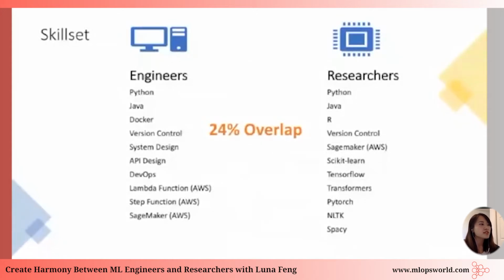Researchers are good at using Python, Java, R, version control, SageMaker in AWS, and machine learning libraries such as scikit-learn, NLTK, and spaCy, and machine learning frameworks such as TensorFlow, Transformers, and PyTorch. As you can see, the skill set overlap between those 2 roles is only 24%. And this justifies what I mentioned earlier: the backgrounds of engineers and researchers are very different.